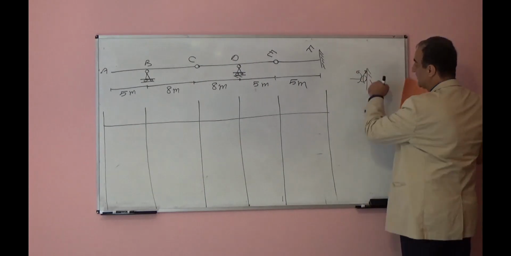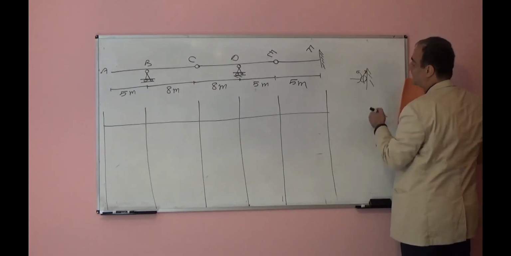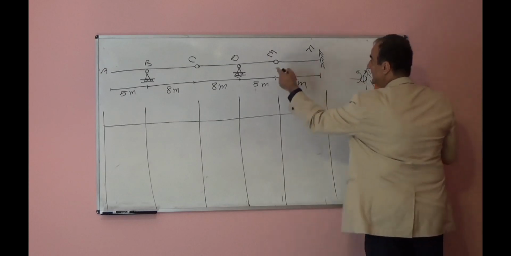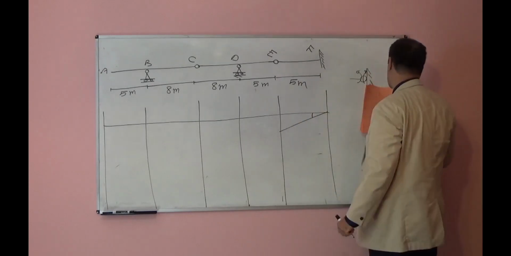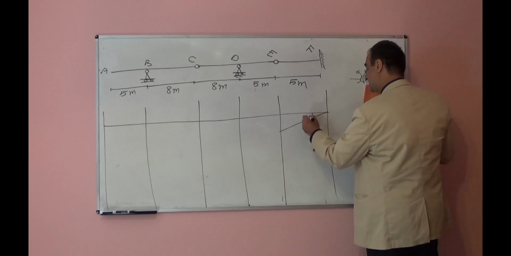Because this part is ground, you cannot apply rotation there, so only the EF part will rotate. Because only one side is rotating, this angle will be 1.